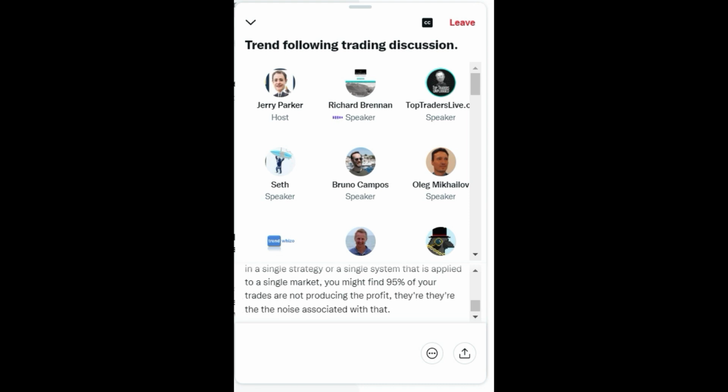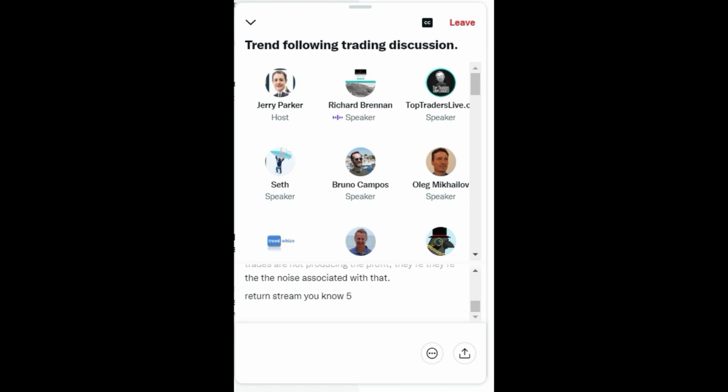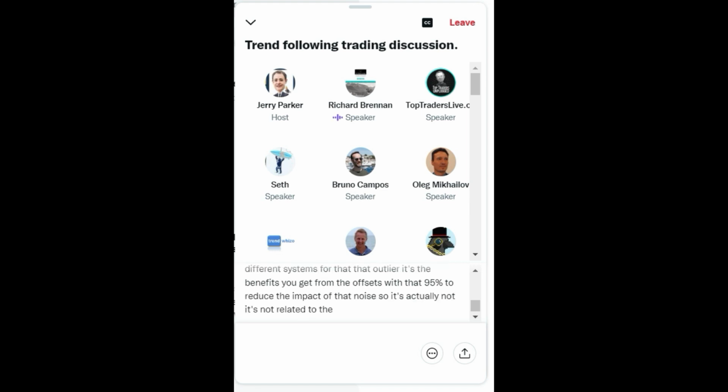They're the noise associated with that return stream. 5% might be targeting the outliers. So it's the 95% when you're trading an ensemble of different systems where you get the benefits from the offsets, reducing the impact of that noise. So it's actually not related to the outliers. The reason the ensemble is being applied is because of the offsets created by the noise.